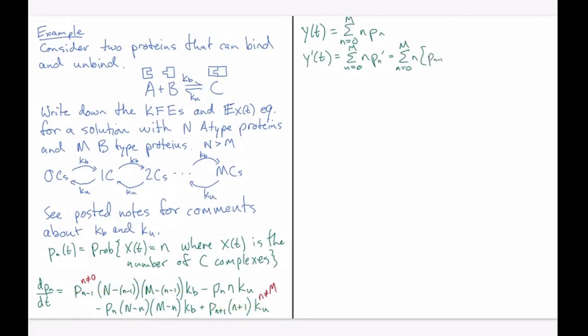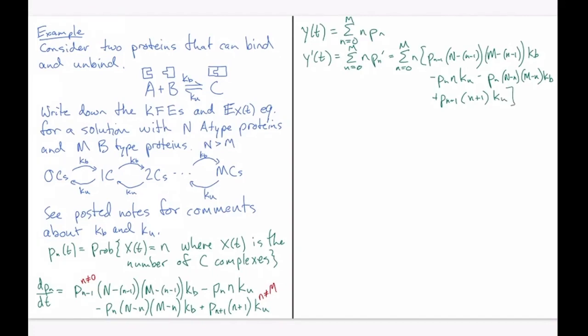So this is P(n minus 1) times (n minus 1) times (M minus n minus 1) times K binding, minus Pn n times K unbinding, minus Pn n (M minus n) times K binding, plus P(n plus 1) times (n plus 1) K unbinding.